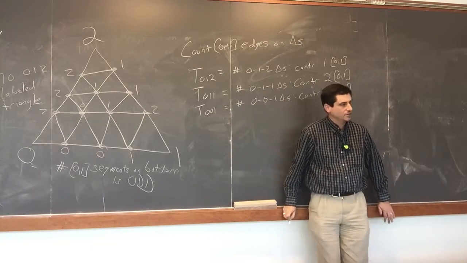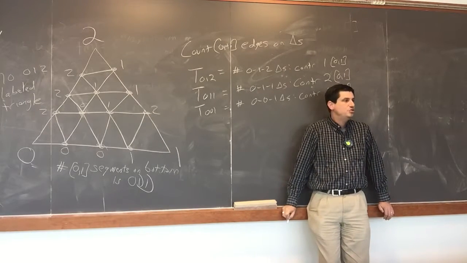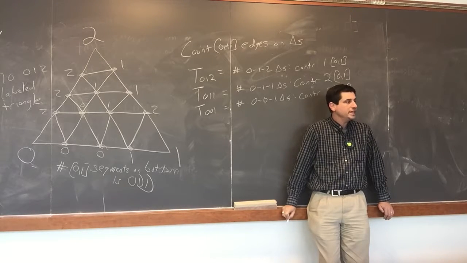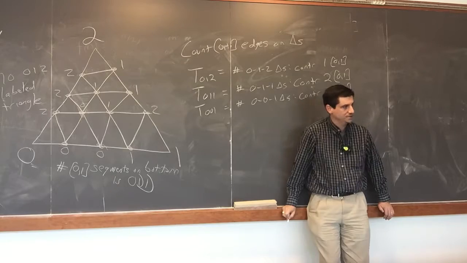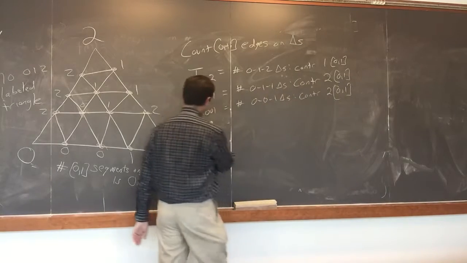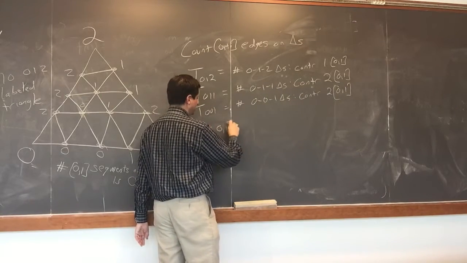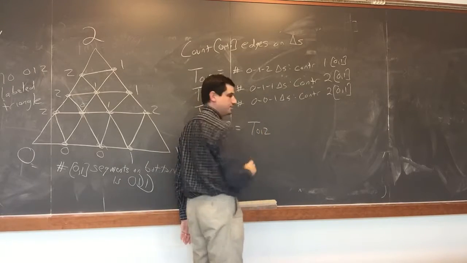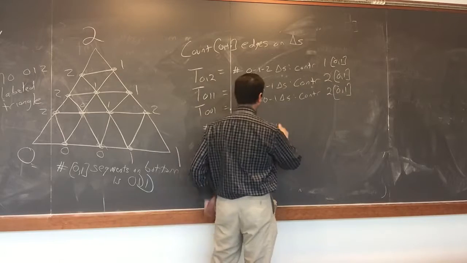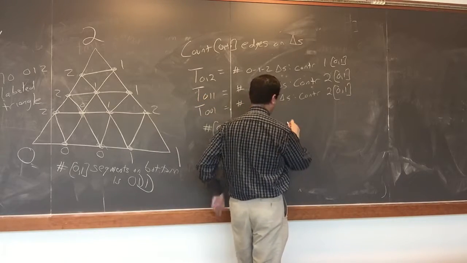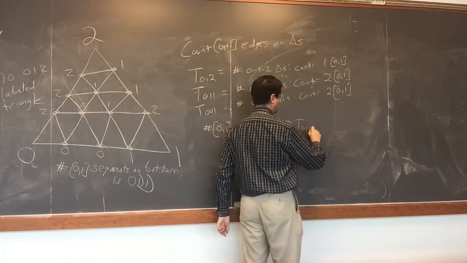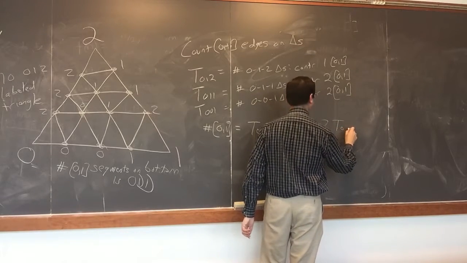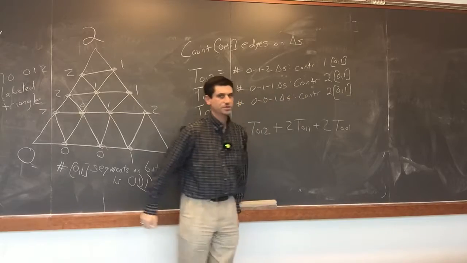What about the other triangles? Yeah, they contribute 0, so let's not bother with them. So if I want to count the number of 0, 1 segments, I can take all the 0, 1, 2 triangles. Every time I have a 0, 1, 1 triangle, I get 2 segments. And every time I have a 0, 0, 1, I get 2 segments.